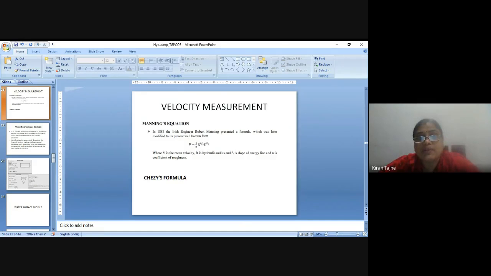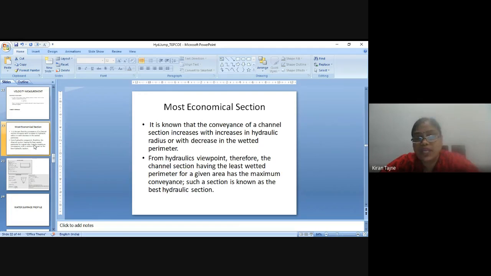We all know V is equal to 1 by n, R to the power 2 by 3, and S to the power 1 by 2, where V is the mean velocity, R is the hydraulic radius, S is the slope of energy line, and small n is the coefficient of roughness. This Manning's formula is commonly used. We can also calculate velocity from Chezy's formula. All these formulae are known to you, and these are very common.